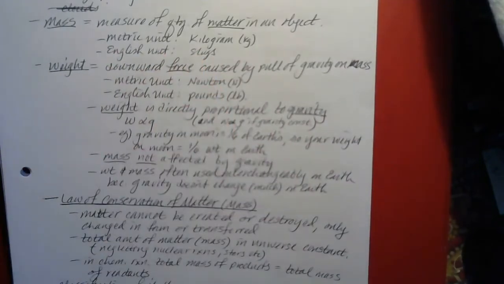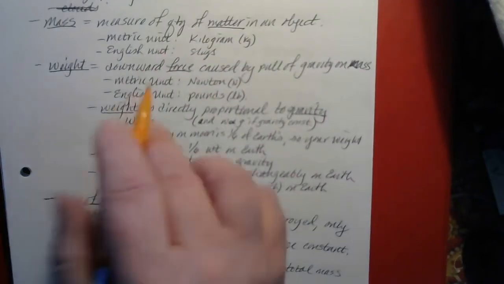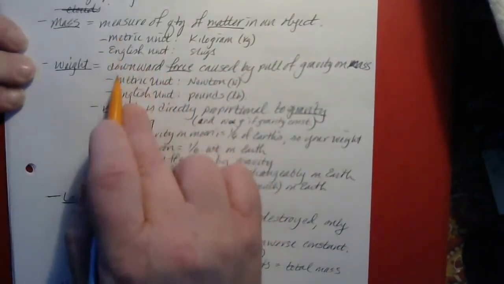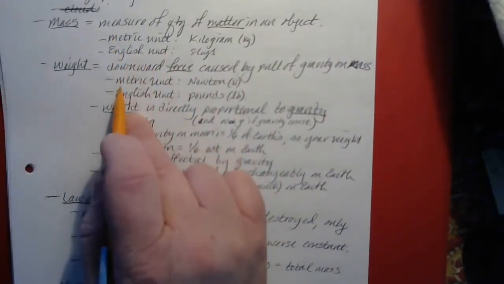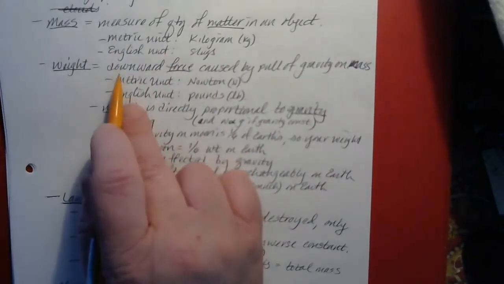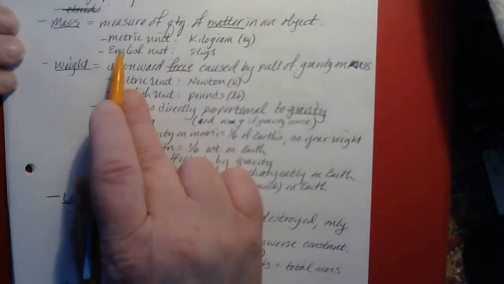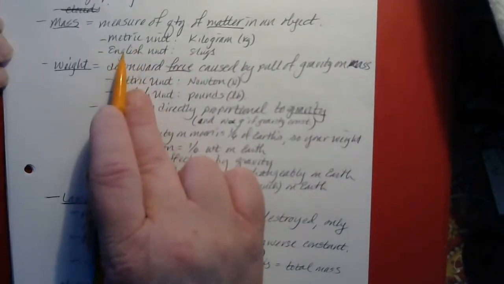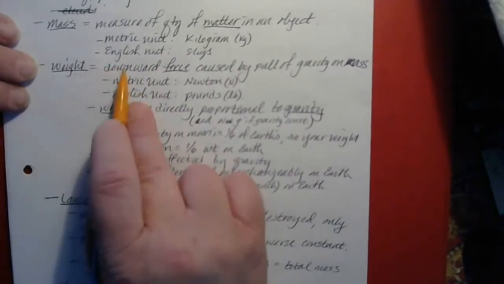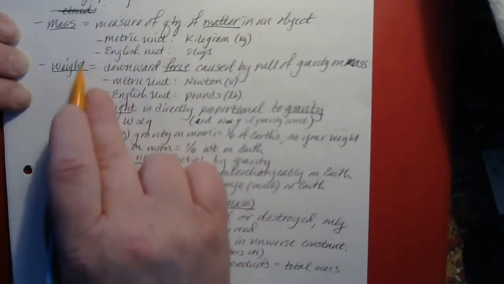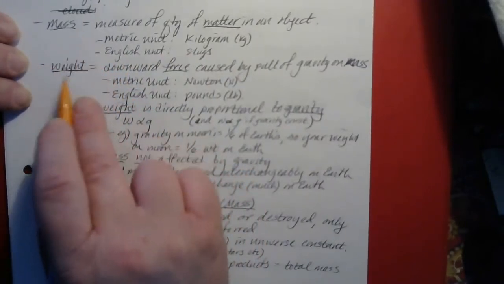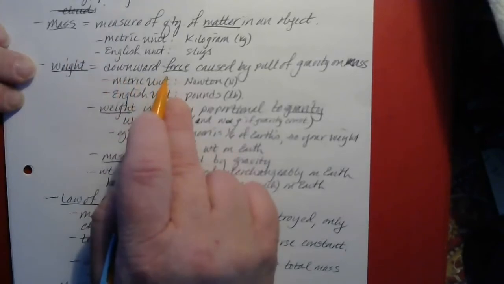This brings in kind of an interesting contradiction in that we tend to use the terms mass and weight interchangeably, but they're actually not the same thing. Weight is definitely related to mass, but it's not the same thing. Weight is actually a force.